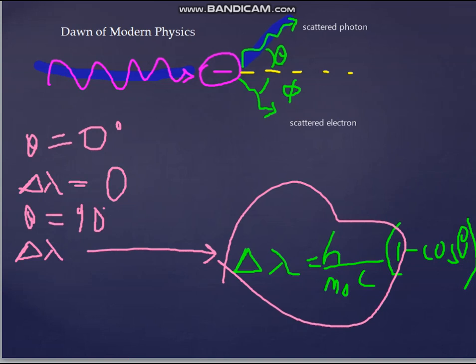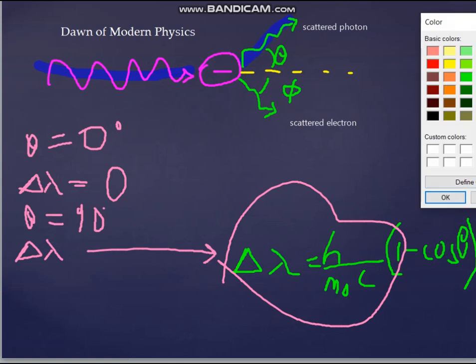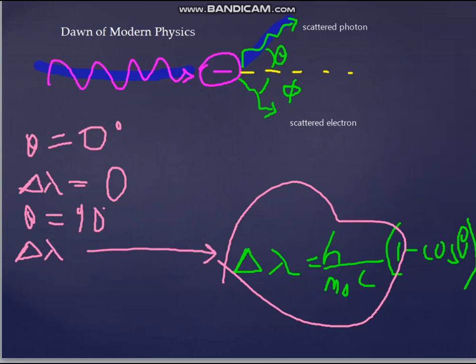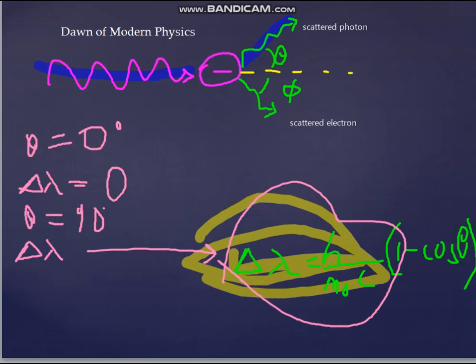So this whole factor, which I have highlighted with pink, this whole factor right here, will be multiplied by 2, right?